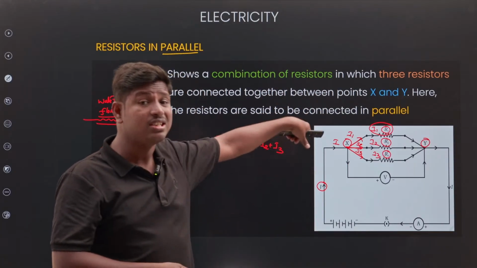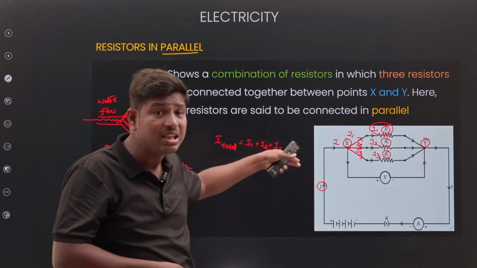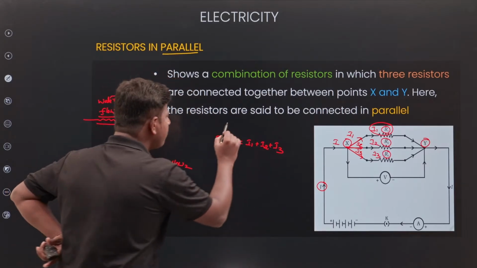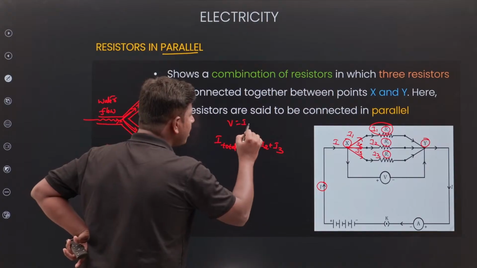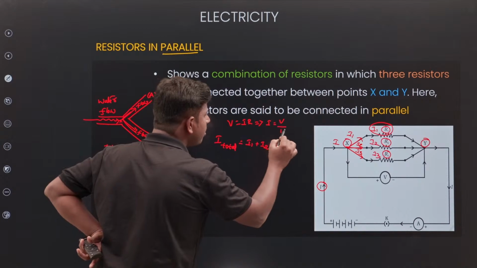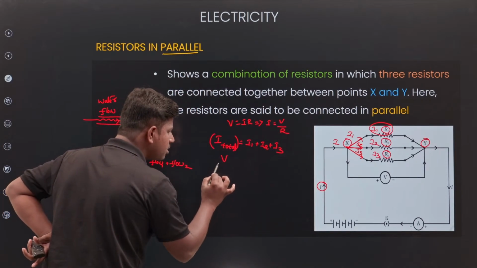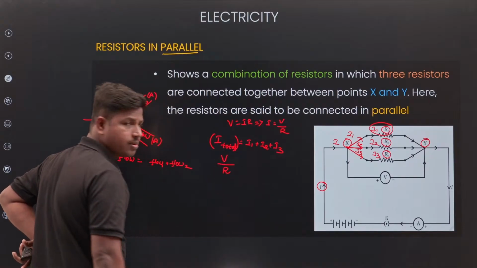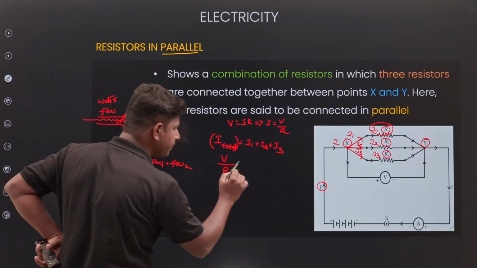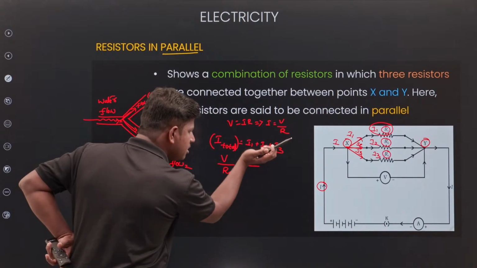But here the potential is the same and the current is divided, so the total current I is equal to I1 plus I2 plus I3. Then from Ohm's law, V is equal to IR, so I is equal to V by R. Then substitute: total current is total potential by total resistance. For I1, the potential is the same now.